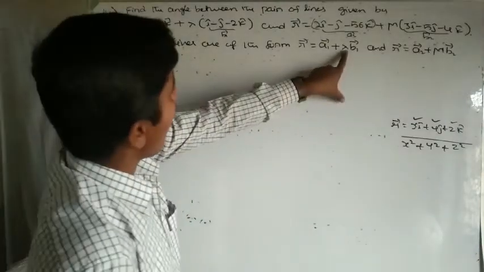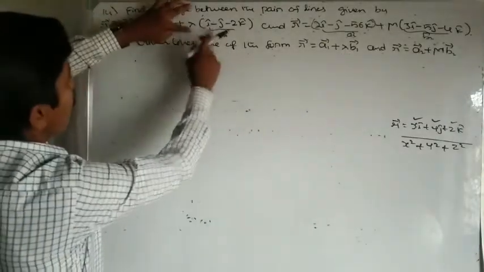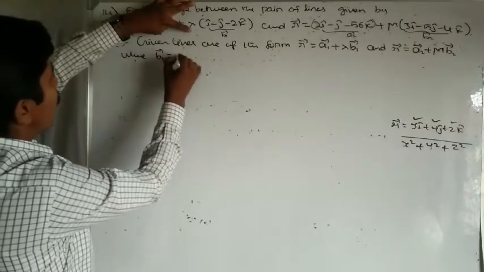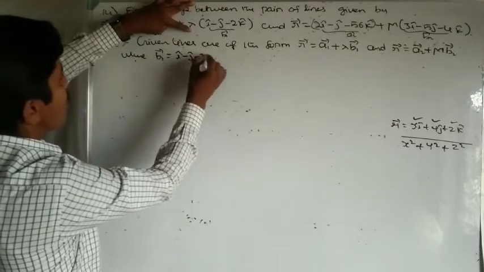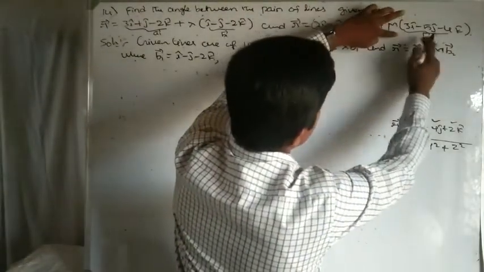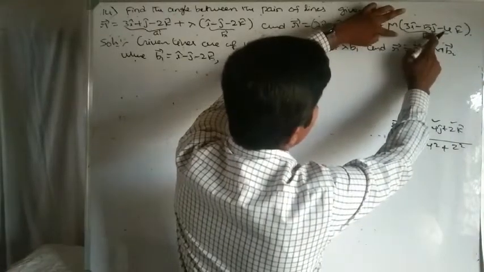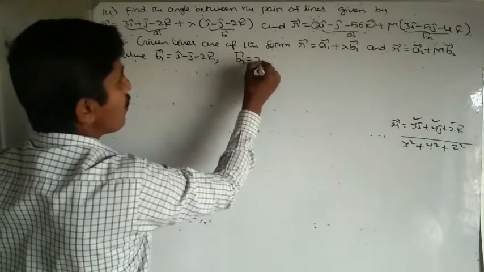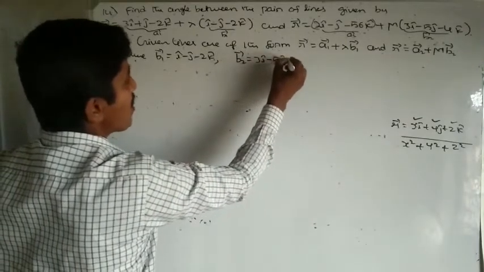Here vector b1, lambda coefficient is vector b1, where vector b1 is equal to i minus j minus 2k, and vector b2, mu coefficient is vector b2, 3i minus 5j minus 4k. Vector b2 is equal to 3i minus 5j minus 4k.